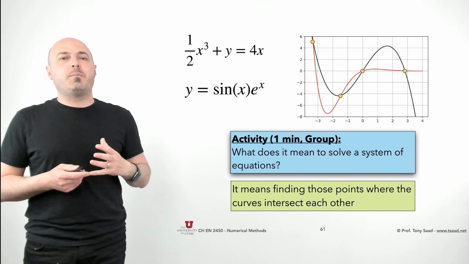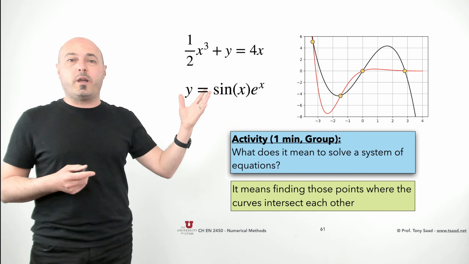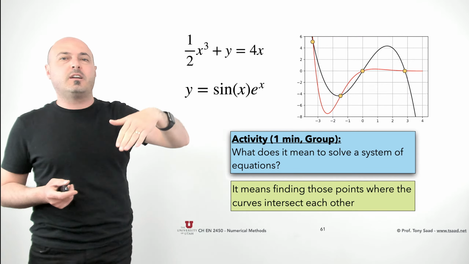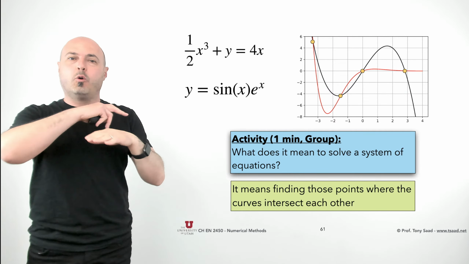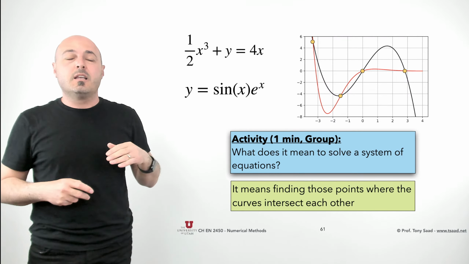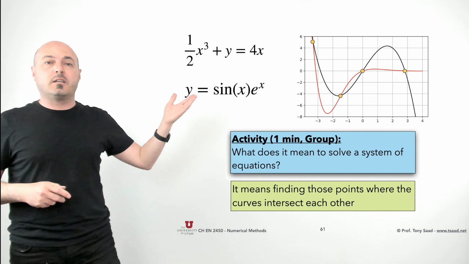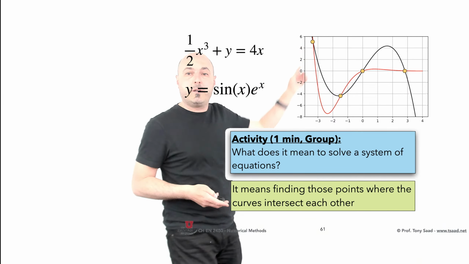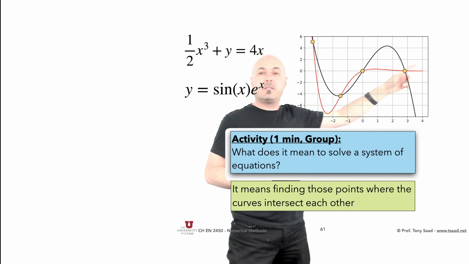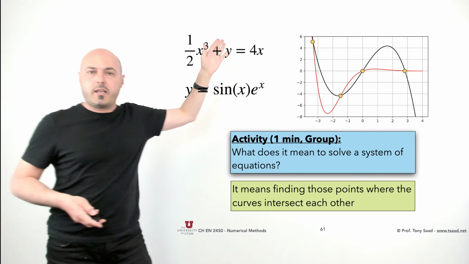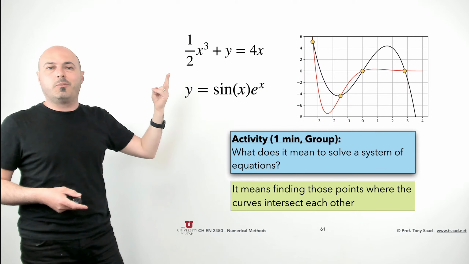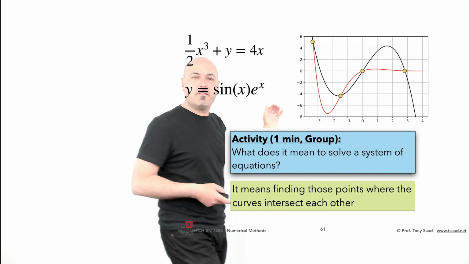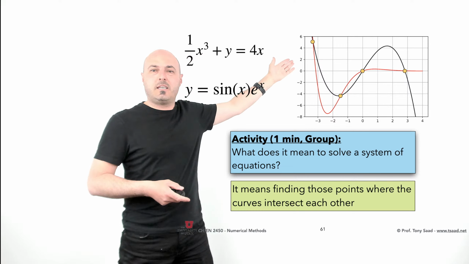It specifically means that, just like a single equation, where we said when we write it in residual form it's going to intersect the x-axis, or the y equals 0 axis, the same thing applies here. Solving a system of equations is finding those points where the equations intersect with each other. We were lucky here because this is a system with only two unknowns, so I was able to plot y versus x and see the intersection.